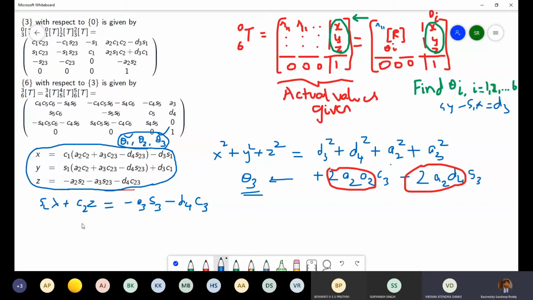So again this is the same form, S2 into something plus C2 into something equals some constant, because you know theta 3. So again you can do the same thing and get the value of theta 2, right? So far so good. Any difficulty so far?